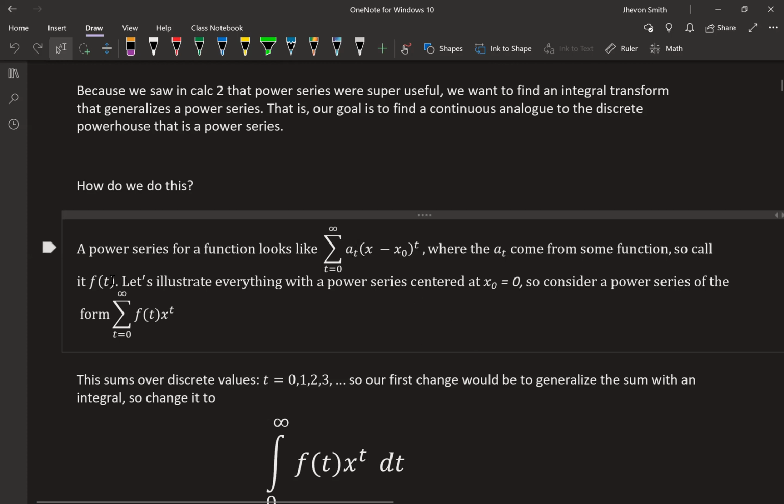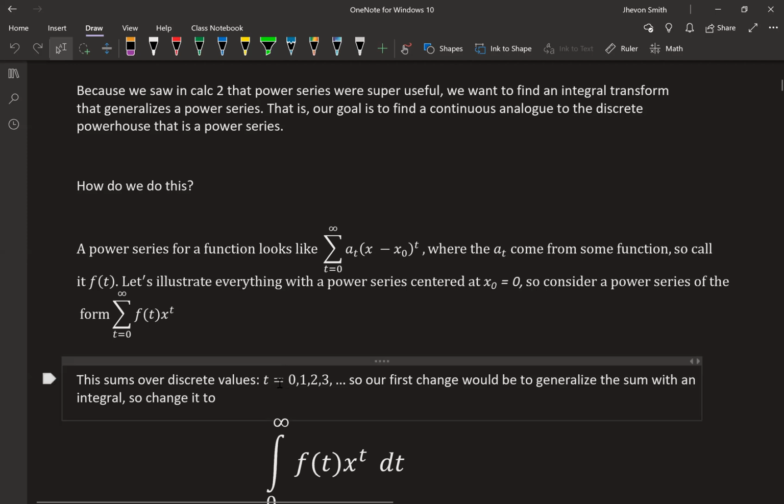So let's call that function f(t). So I can think of a power series sort of in this way here. And I just set x_0 equal to 0 just because it's easier to type out. So this is like a general power series, like your a_n x^n is the same thing. The idea is I'm just calling it f(t) x^t because I don't just want to count by n, I want to generalize it.